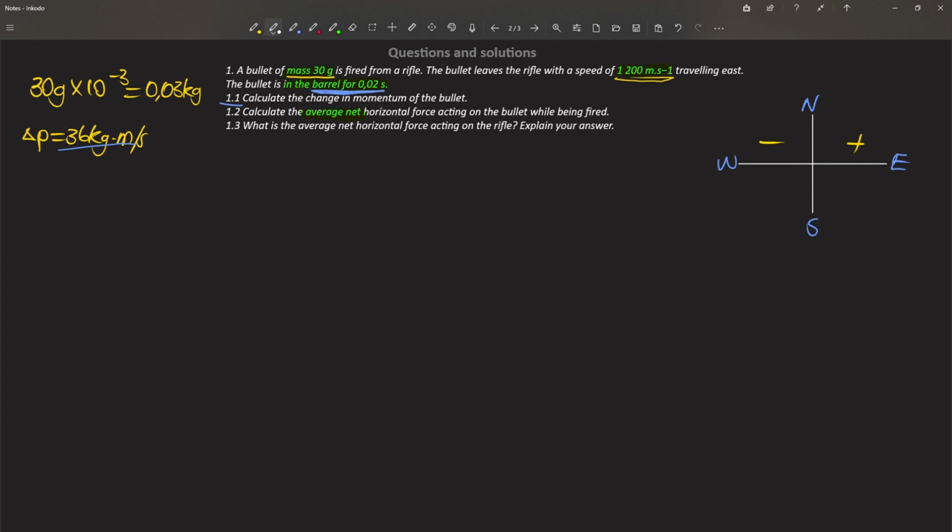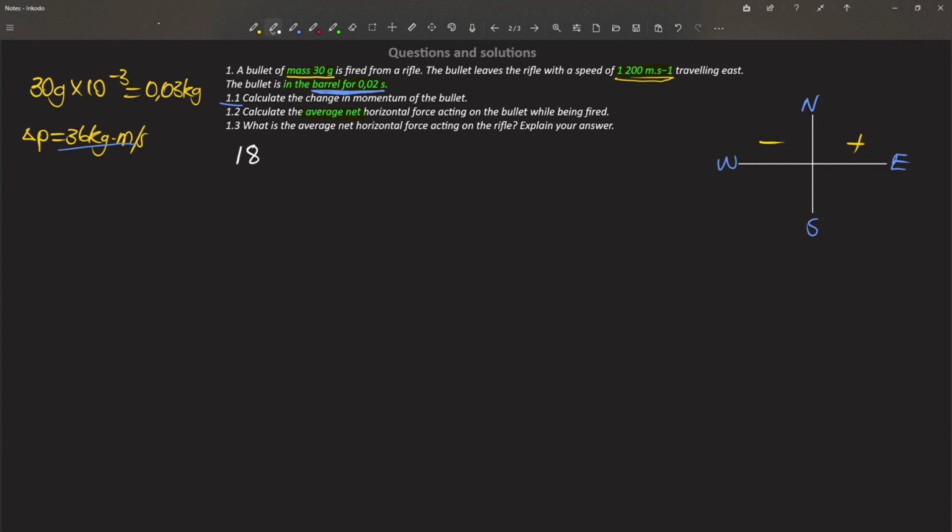So, our rifle exerts a force on the bullet, and according to Newton's law, the bullet exerts an equal backward force on the rifle. It's just a force of equal magnitude but in a different direction on the rifle. If there are no other forces present, the average net horizontal force on the rifle is 1800.